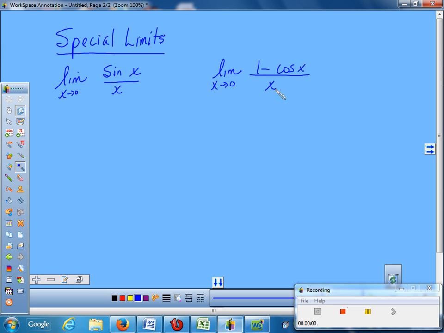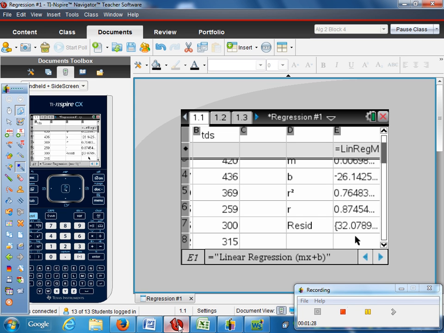Well, this is just one of those special situations, and I am going to let the calculator prove this one to you, because it's easier for me.